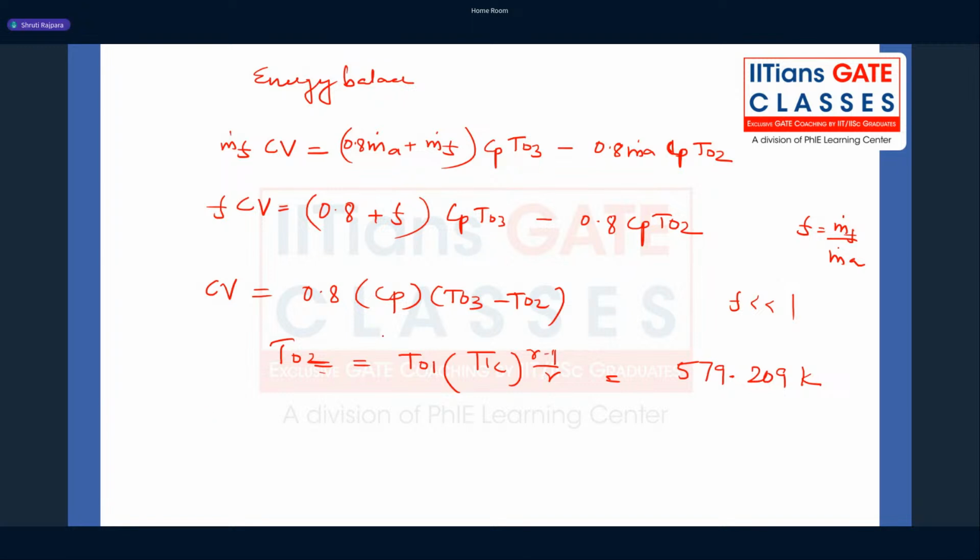Cv is provided, Cp is provided, so the only unknown is T03, which can be evaluated. This turns out to be 1454.83 Kelvin.